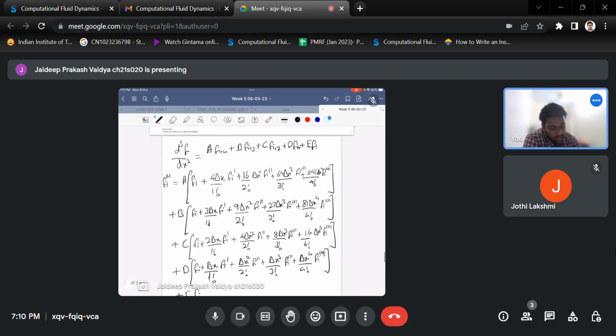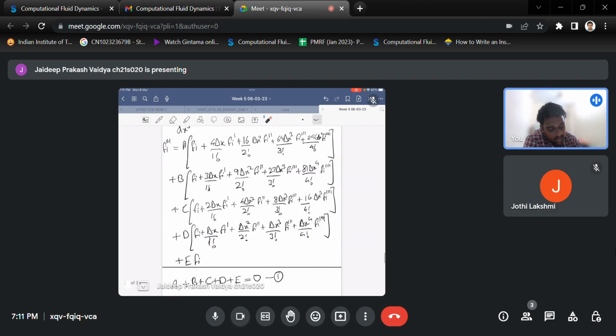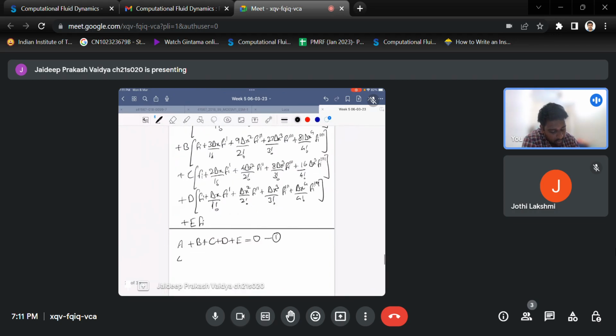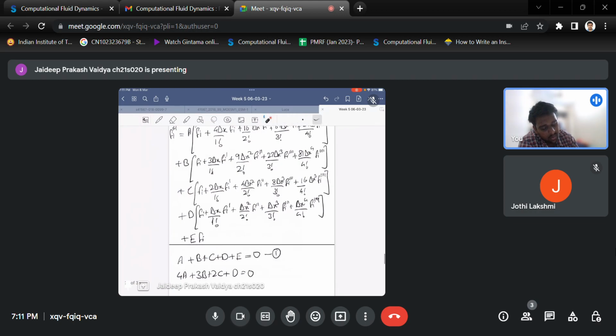And then from the second term I'll get delta x by 1 factorial times fi dash, which is common for everything, and the left side has 0 times delta x by 1 factorial fi dash. Basically, I'm taking the coefficients of fi dash for a, b, c, d and e.